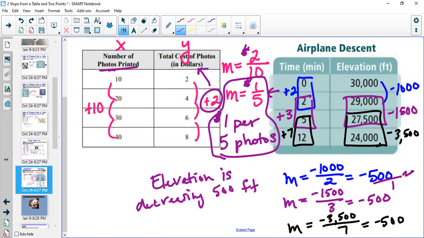Then I have the fraction bar, so we read the fraction bar with the word per. And there's 1, so per 1 minute, or per minute, would be my explanation in this problem.